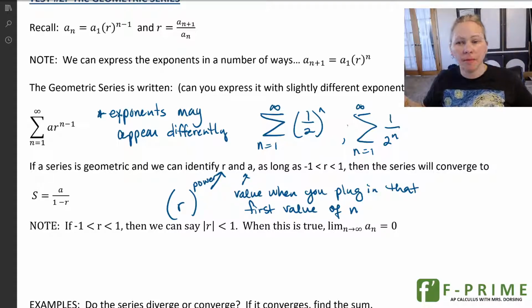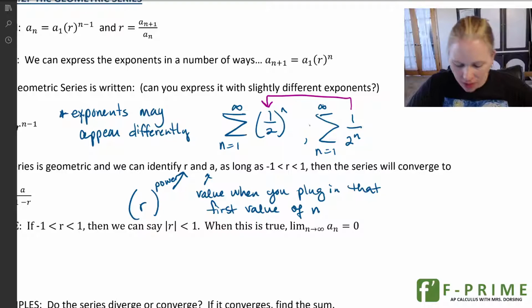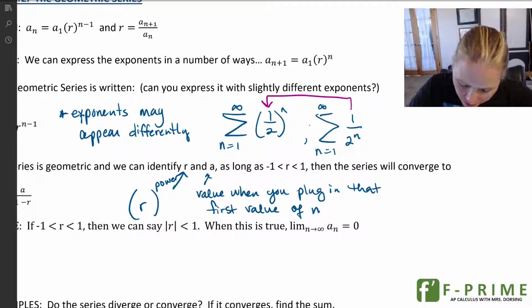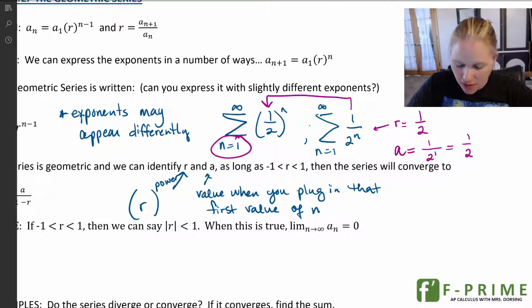R is the multiplier. So here, when we're talking about this 1/2 to the n, you can rewrite 1/2 to the n as 1/2 to the nth power. So here, R is going to be 1/2. A is going to be, whenever I plug in that first n value, 1 over 2 to the 1. A is 1/2. So you have to kind of work for it a little bit. It's not always going to be obvious. You can't just pull things out. It's just not always going to be that first value.